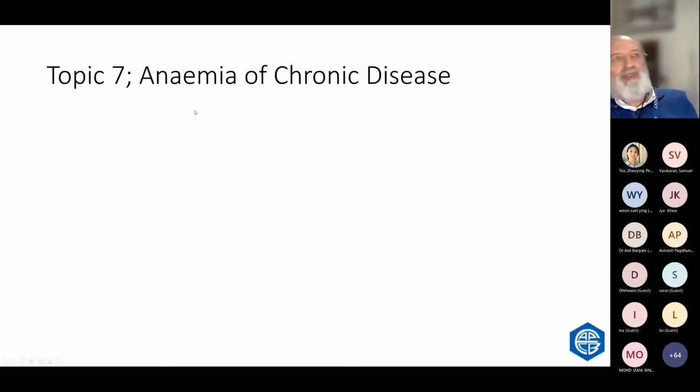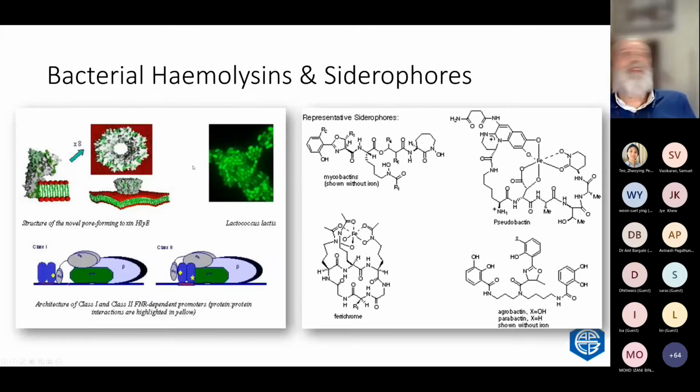Okay, now what about the anemia of chronic disease? What is the anemia of chronic disease? Now, I'm going to go back a few steps. Bacteria need iron to grow in our body, and they've got two mechanisms. One is hemolysins, which are proteins which punch holes in our red blood cells so the hemoglobin can leak out.